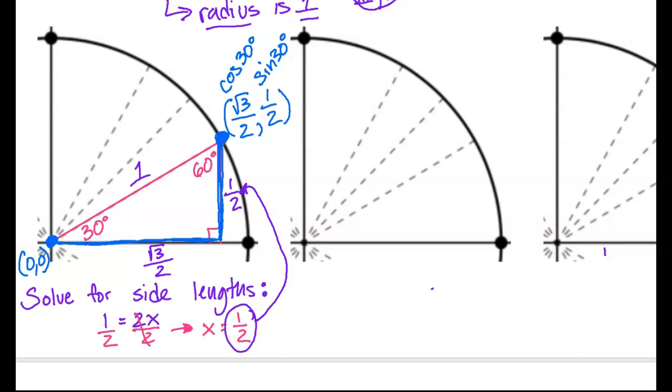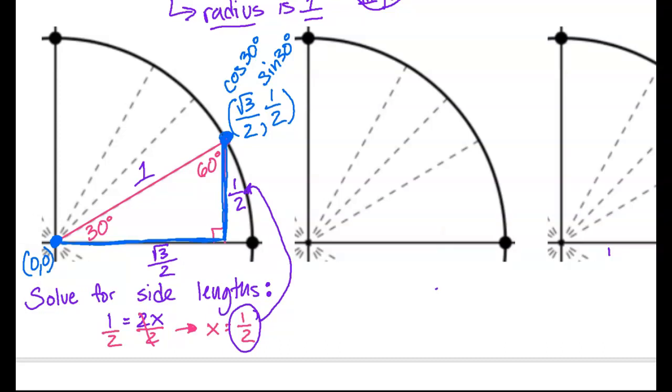Okay. So now let's do the next triangle. Let's do this one right here. Anyone want to take a guess at what this triangle is? Yes, this, because it's halfway through our unit circle, half of 90 is 45.